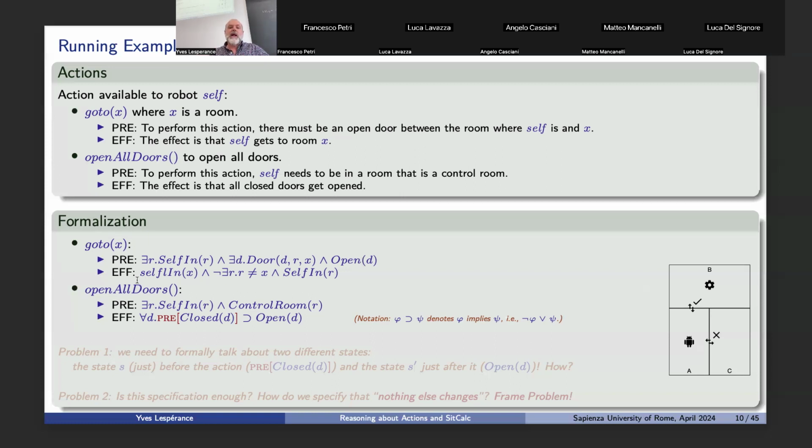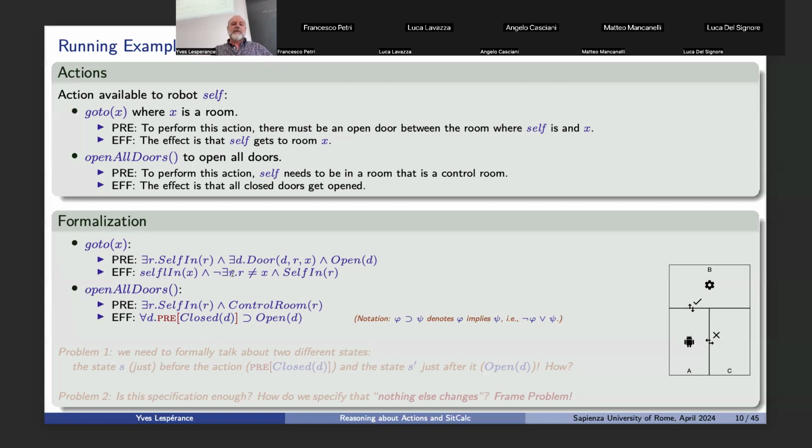What are the effects? Well, afterward, the robot himself will be in room X. And also, you will no longer be in room R. So essentially, there's no other room R different from X where the robot is. Maybe initially he's in room A and we want to go to room B. Afterward, he'll be in room B, but he will no longer be in room A, because you cannot be in two places at the same time.